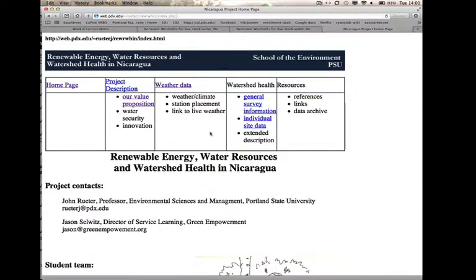And then to help them understand watershed health, we surveyed the watersheds looking for small streams that might have seasonal water, small streams that might indicate subsurface water, and then connected that with references on how they could use that for solar drip irrigation or other projects.